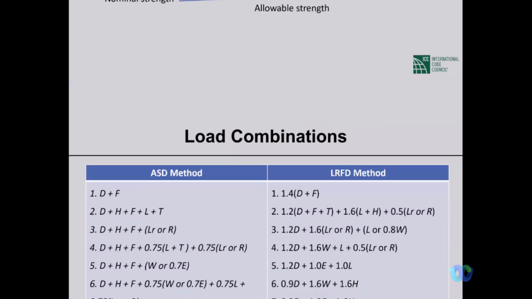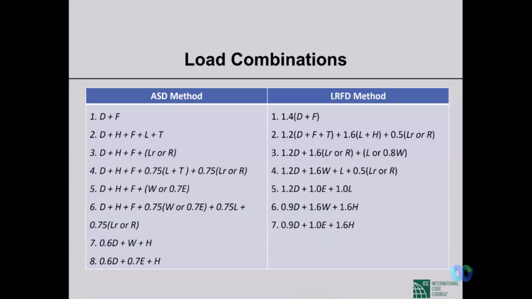Now, load combinations. This is interesting. In previous code, version of our code in BNBC 2006, there were separate sets of load combinations for concrete and steel. We had two separate sets of load combinations, both for working stress and ultimate strength design. We had two different sets of load combinations for steel and concrete.